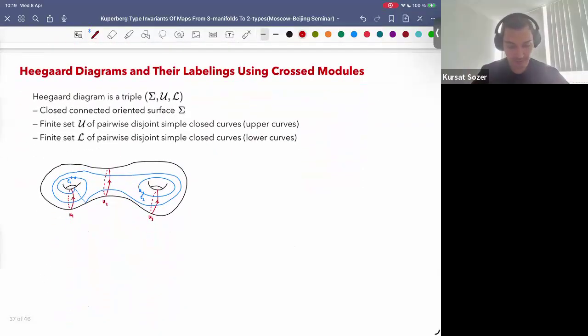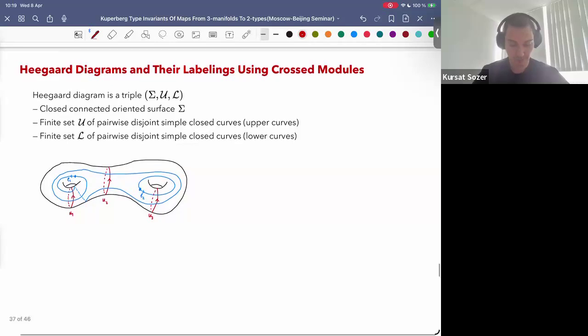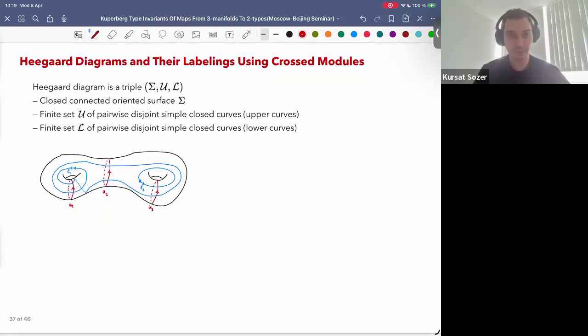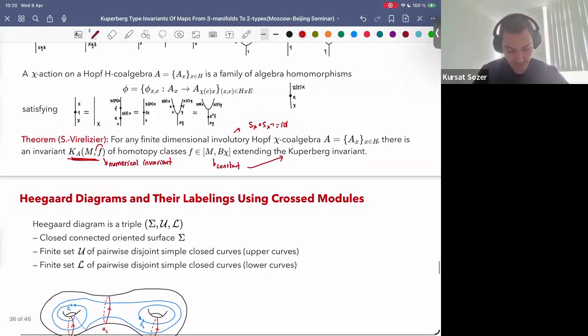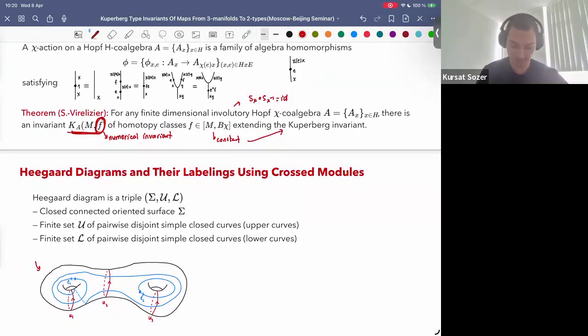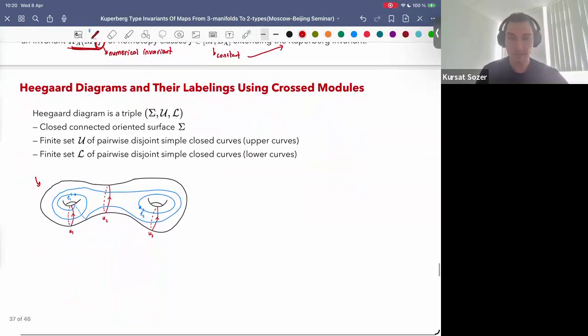As Kuperberg did, we use not the state sum or triangulation formulation, but the Heegaard diagram representation of three-manifolds as a combinatorial way. And the first thing we should do, we need to encode this homotopy class into this diagram, into this combinatorial representation of the three-manifold.